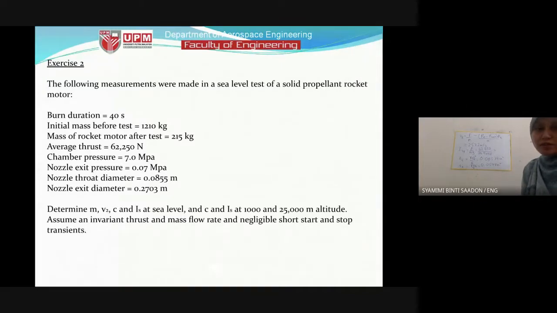Okay, so we have the specific impulse in seconds, 255 seconds. Okay, 255 seconds.